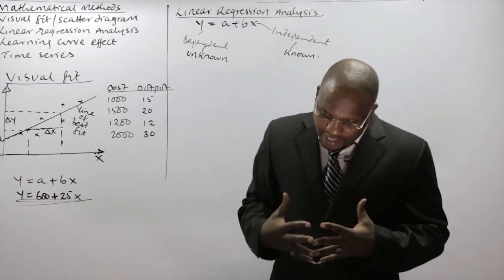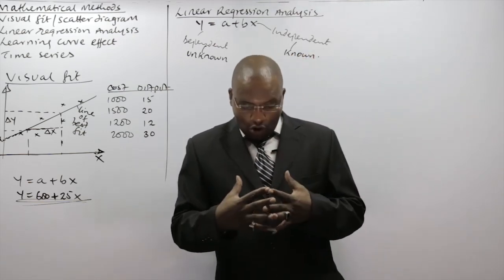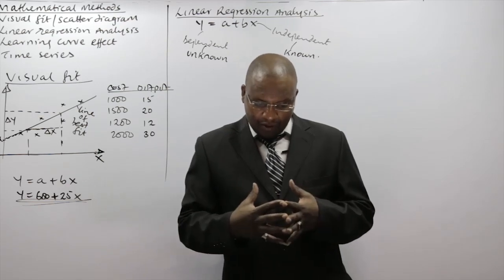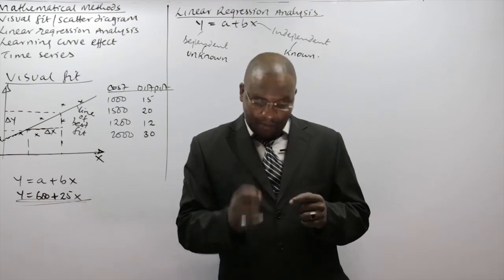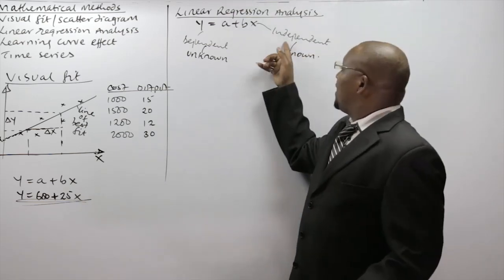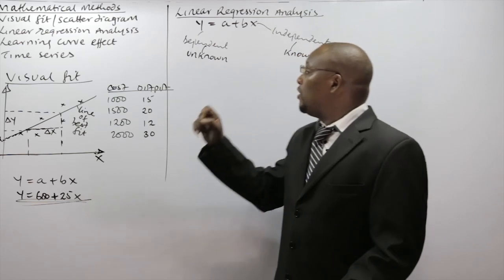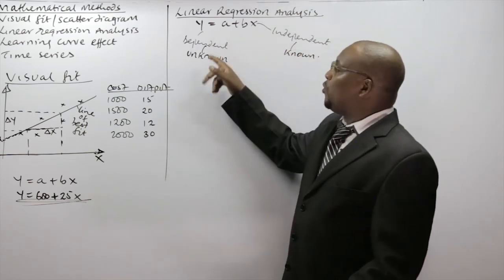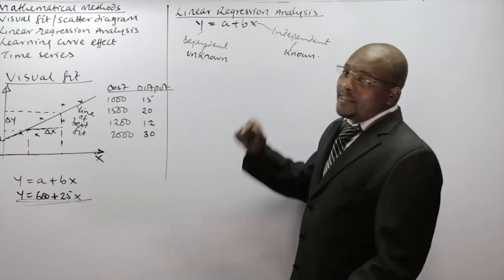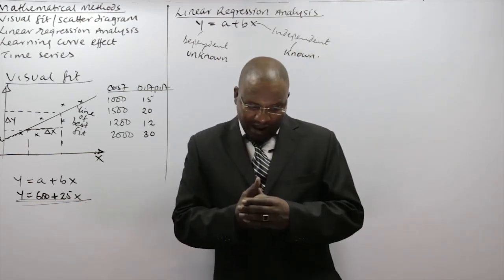Now, when the equation includes one independent variable, then we call it a simple regression. But when the equation has more than one independent variable, then we call it a multiple regression.